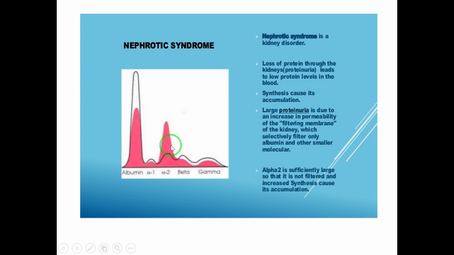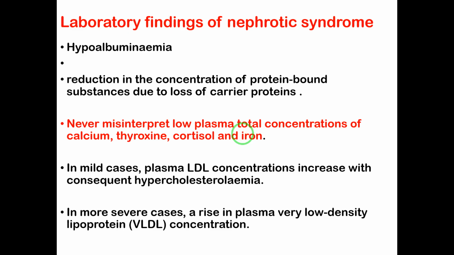And if we do urine electrophoresis, we can see also the pattern of the protein that appears in the urine. One of the findings is that there is a decrease or an increase in the excretion of the protein in the urine.